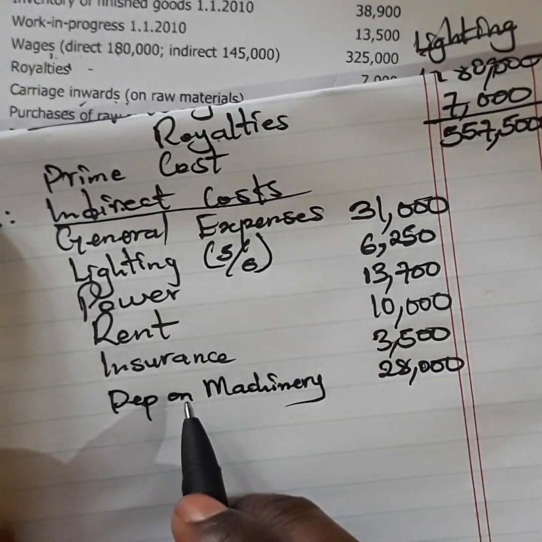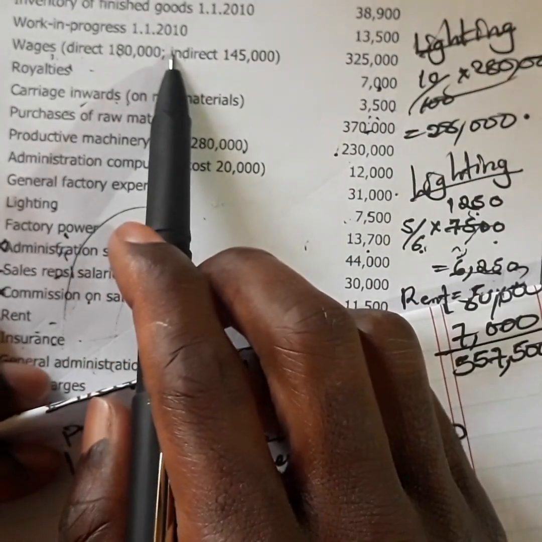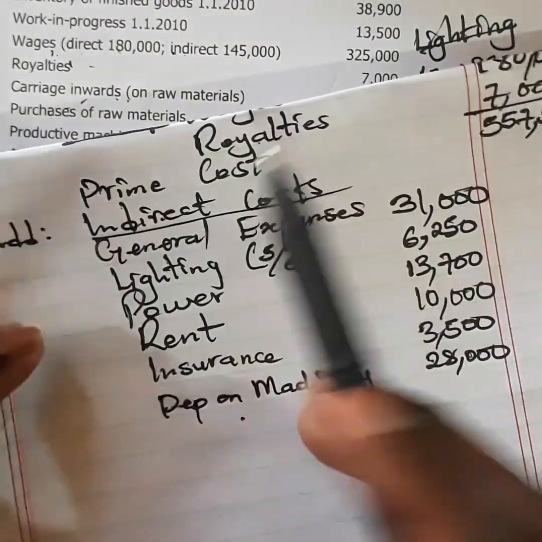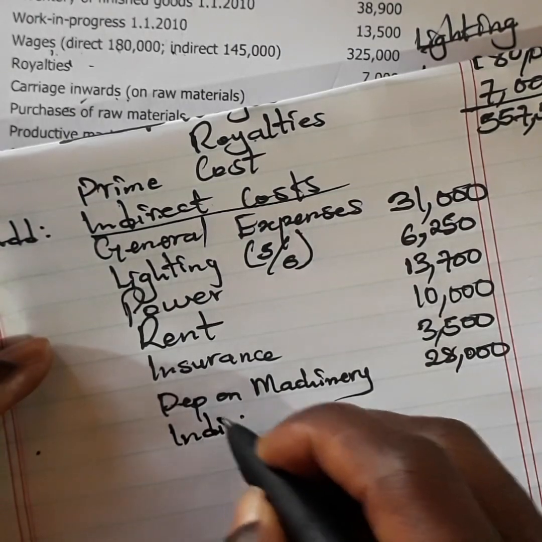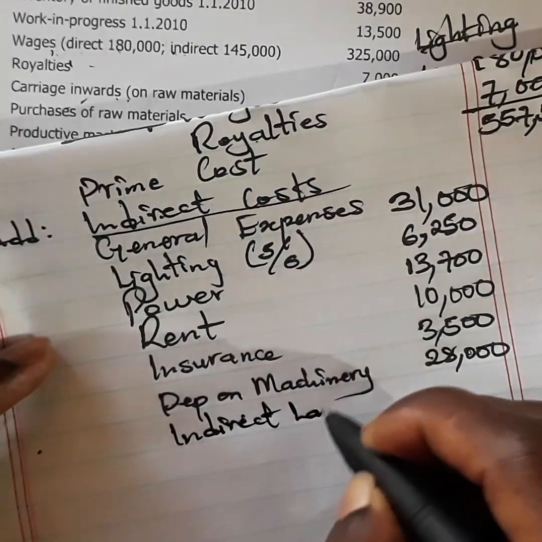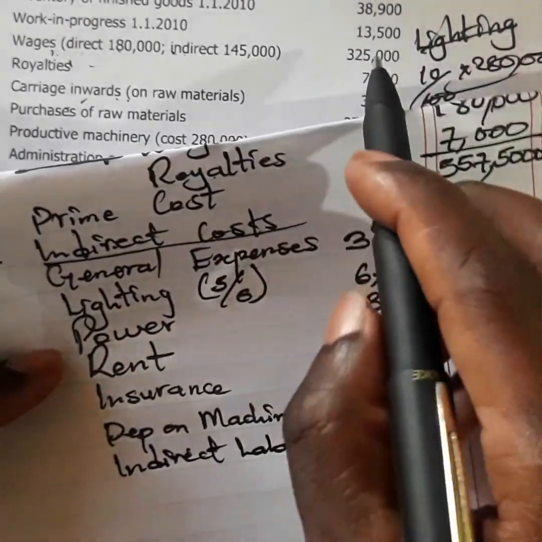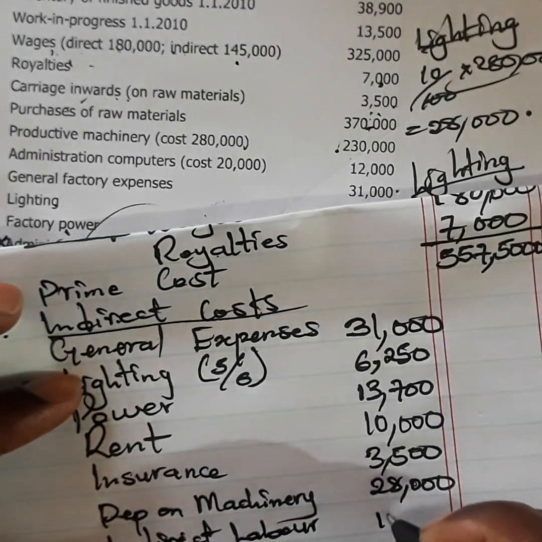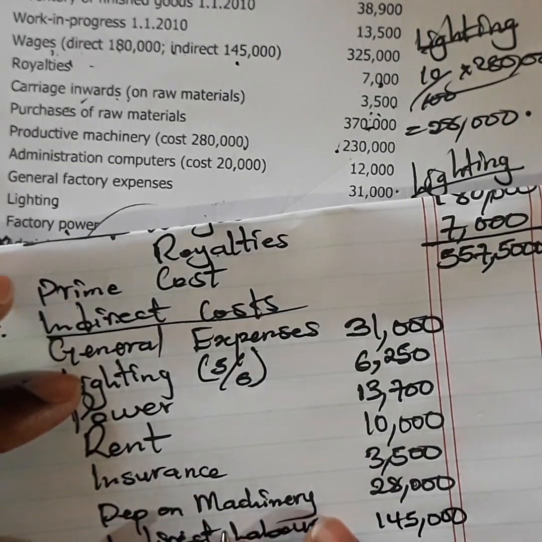Then finally, we talk about indirect labor. Remember, here we have indirect labor under the wages. So we add indirect labor, the value is 145,000.